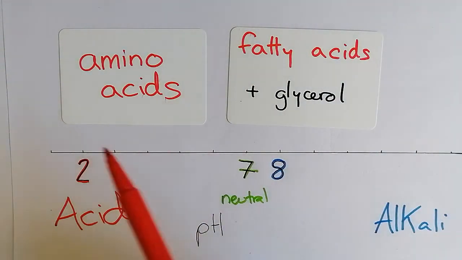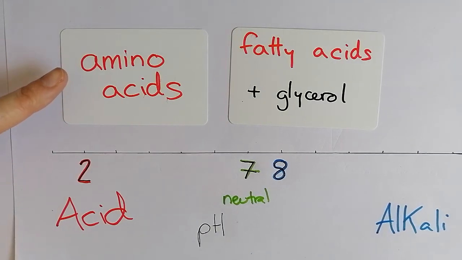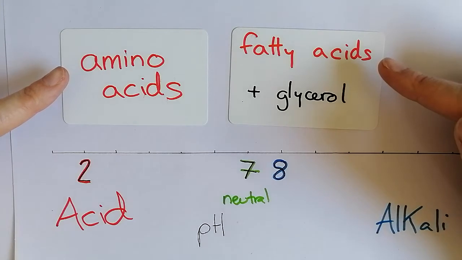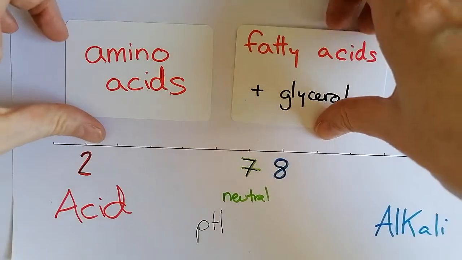Fatty acids and amino acids are obviously acidic. The glycerol doesn't make any difference. When we break down starch into sugars, it doesn't make any difference. It's neither acid nor alkali. But protein digestion and fat, or lipid it's sometimes called, fat or protein digestion release acids.